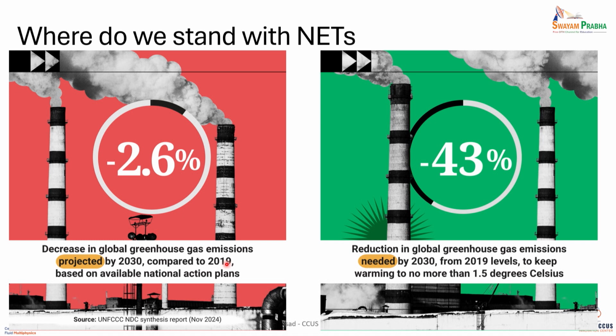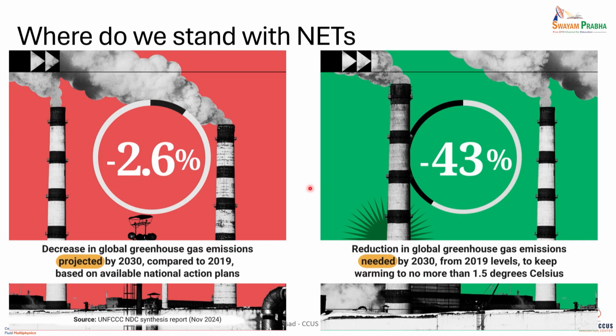And these are based on the NDCs, the National Action Plans that were declared. If we want to be at 1.5 degrees, that needs to be at 43% by 2030. So our nets are not up to scale where we need to be.